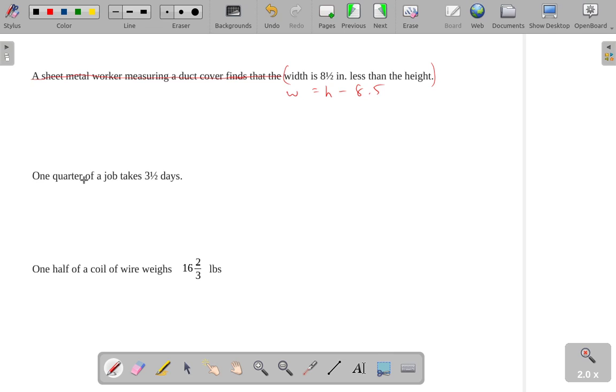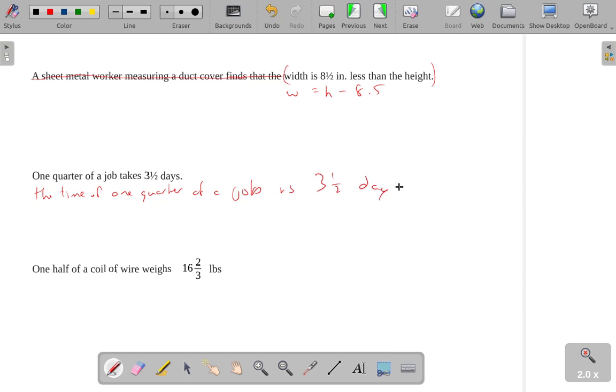Alright, 1/4 of a job takes 3.5 days. So this is the one I was expecting when I said that it doesn't say is. This one, it says takes. And 1/4 of a job, this is really referring to the length of time of 1/4 of a job is 3.5 days.